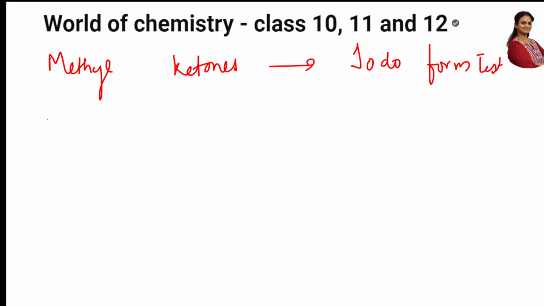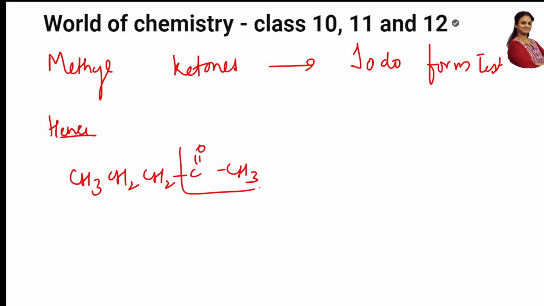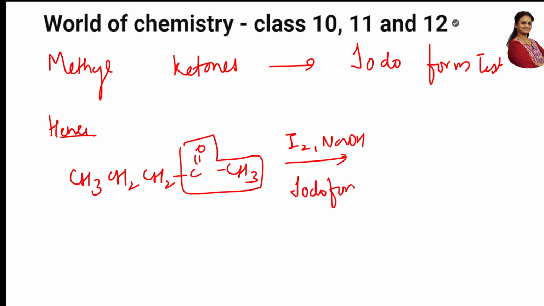So what will you write? Write this: the compound, a methyl ketone, mark it like this. Then you write iodine and sodium hydroxide, and write iodoform test.